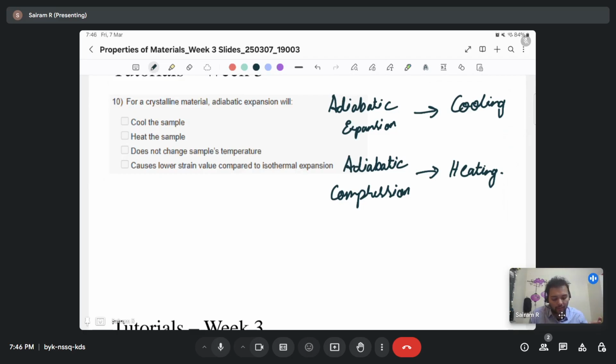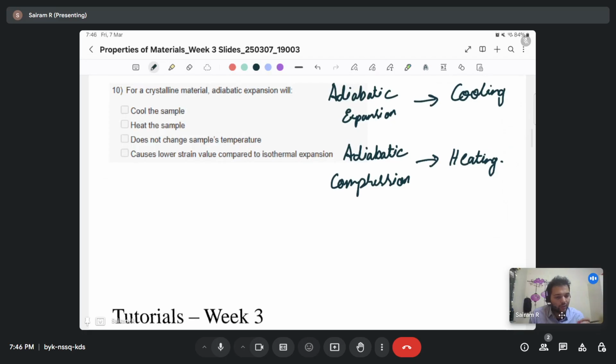There's no heat exchange, so what will happen to the temperature we can understand from these equations here. So the answer is that adiabatic expansion will cool the sample.